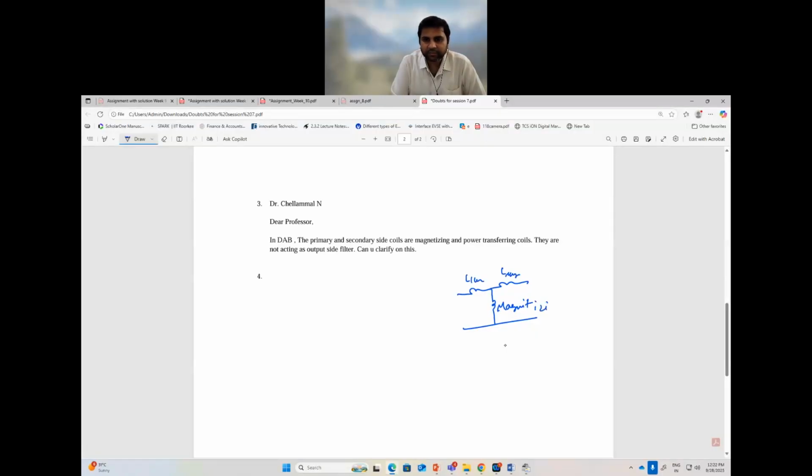This leakage acts as the power transfer inductor, or is responsible to have control over the current flowing between the two voltage sources which are kept like this. So yes, you are correct, he is correct, they are not acting as the output side filter.